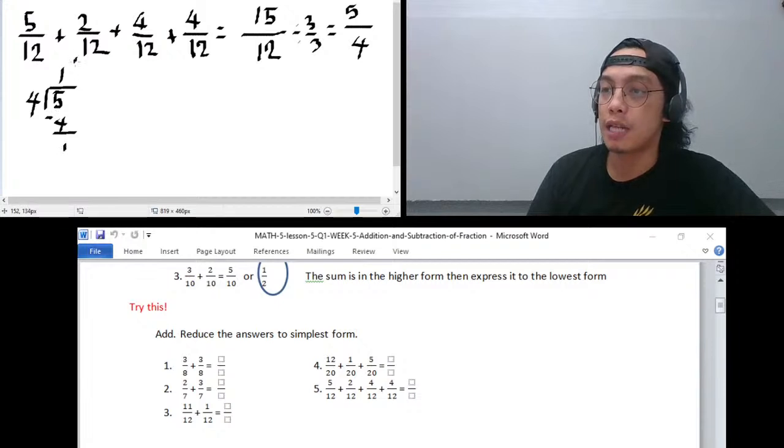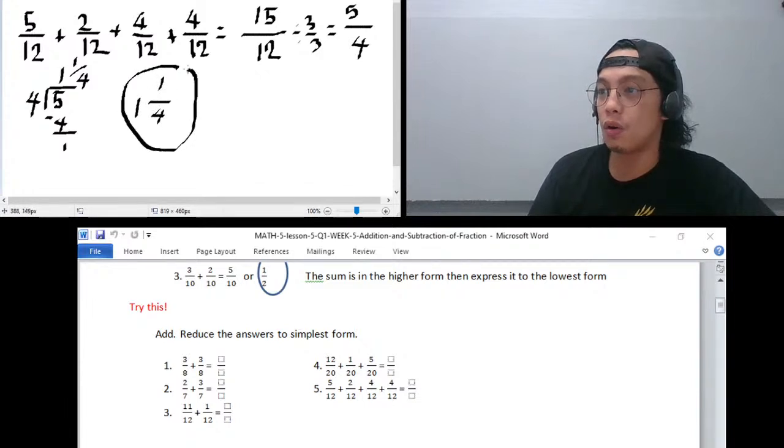So, remainder na sa taas, and atong kopyahon ang denominator. So, answer is 1 and 1/4.